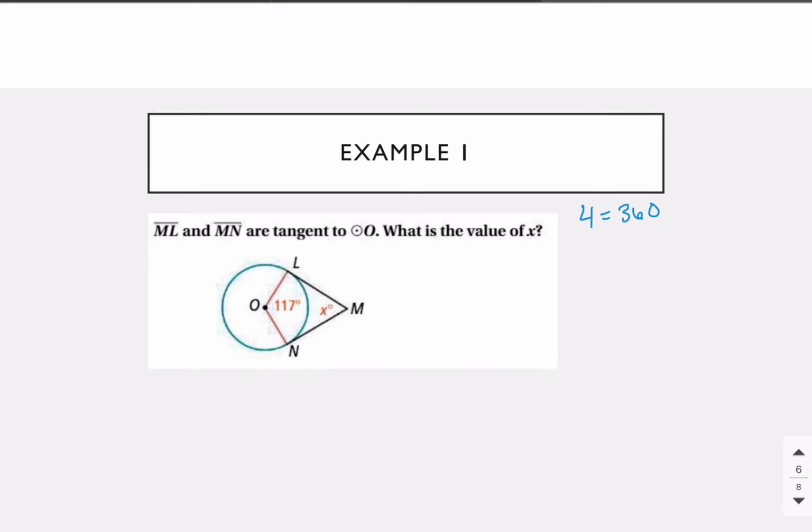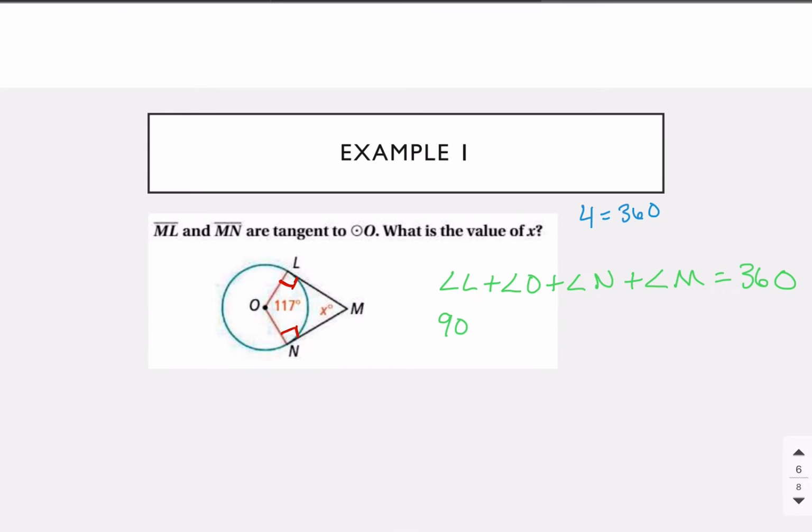Because ML and MN are tangent, I have right angles. So angle L plus angle O plus angle N plus angle M will equal 360.